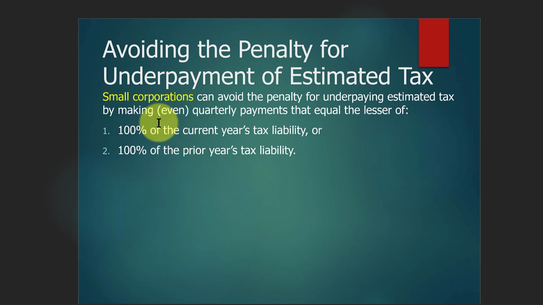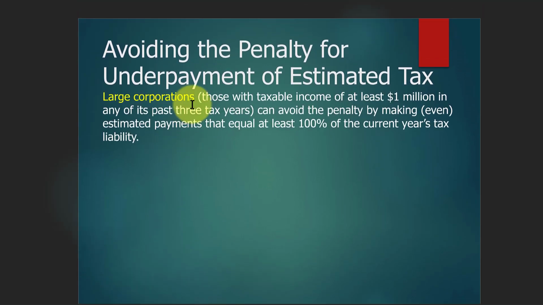This applies to small corporations. Small corporations meaning their taxable income for the year is going to be under $1 million. But if you're a large corporation, more than at least $1 million of taxable income, that's averaging for the past 3 years, you have to use the current estimated year's tax liability and pay again 1/4 for each of those quarterly payments.